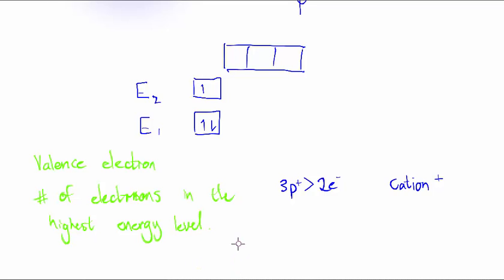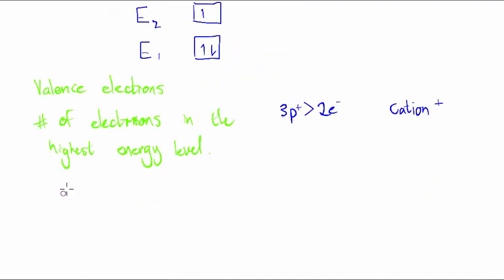So valence electrons is the number of electrons in my highest energy level. Now, there's something else that's also going to be helpful.